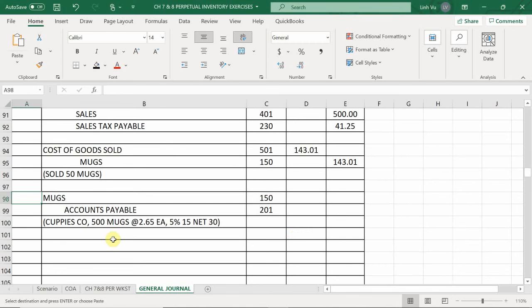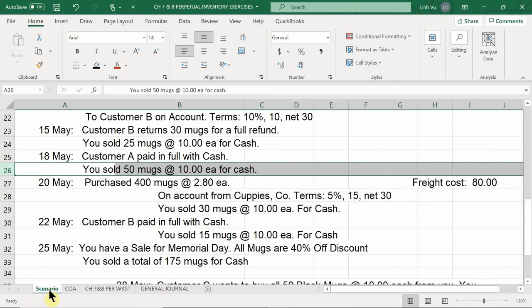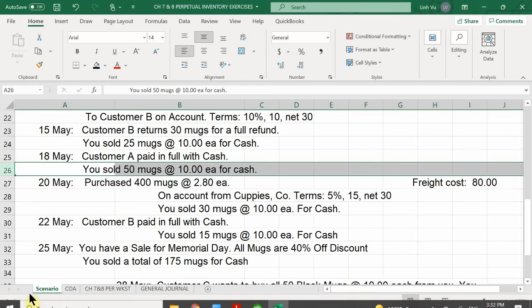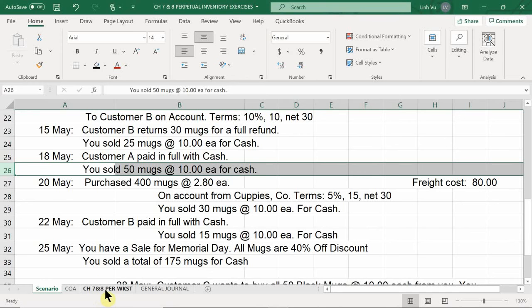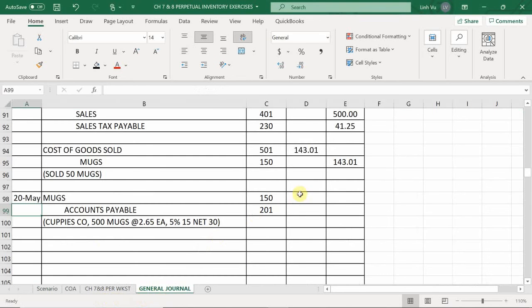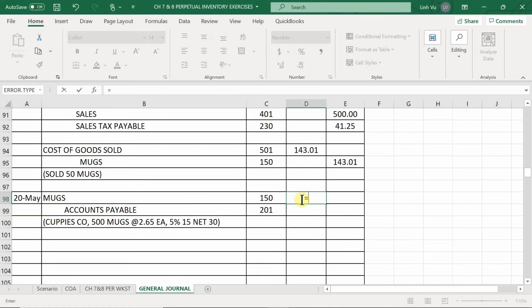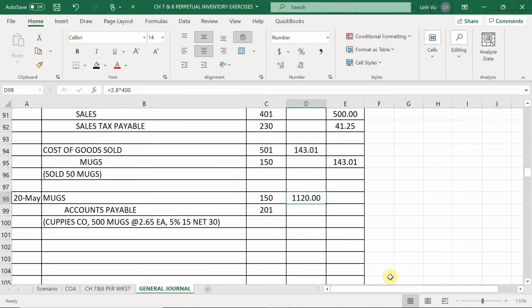It's the 20th of May, right? So we bought 400 mugs at $2.80, plus a freight of $80. What is my grand total that I purchased? $1,220.